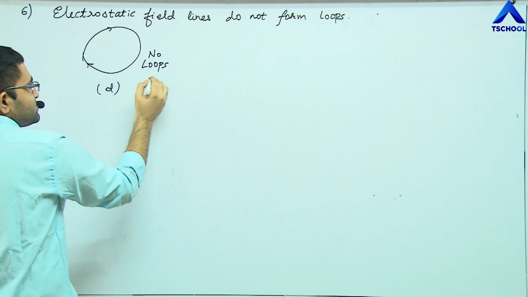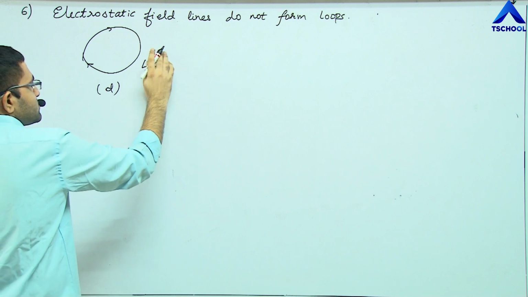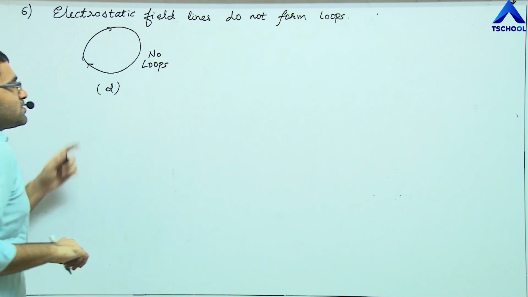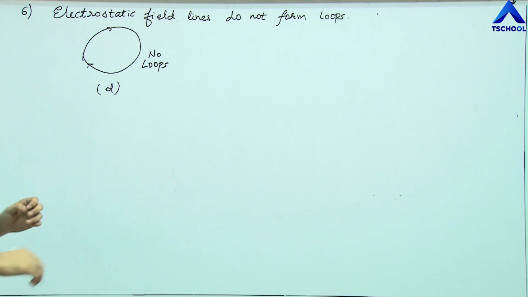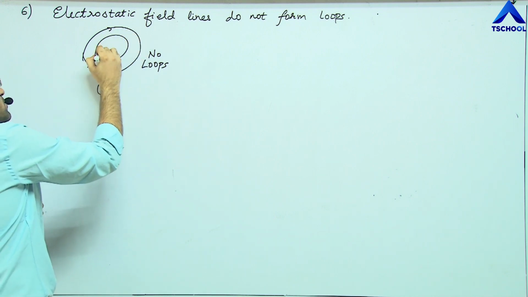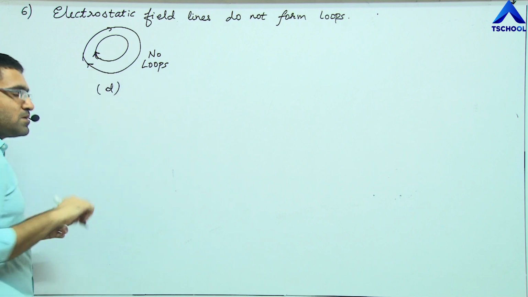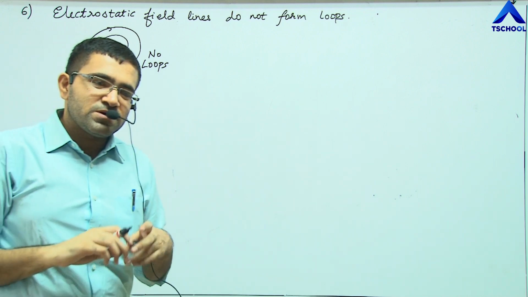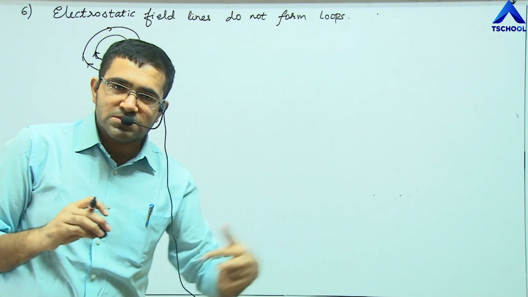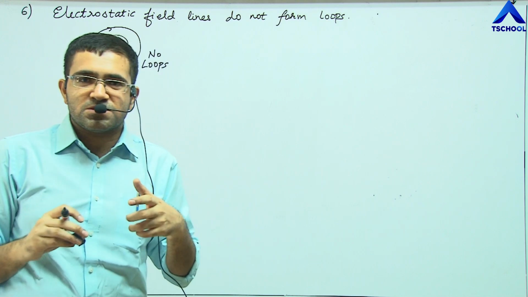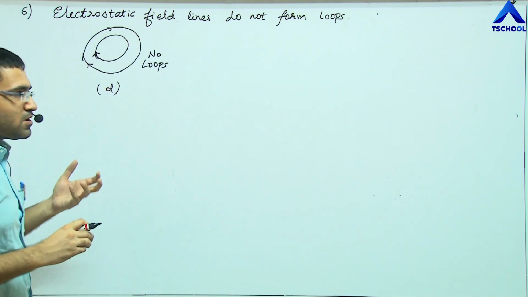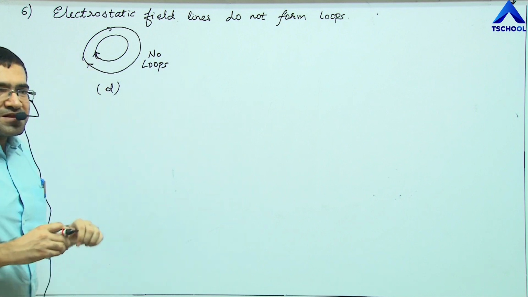So this is something which electrostatic field lines cannot do, right? Remember, any kind of a closed curve that comes back to itself is a loop. That is not allowed for electrostatic field lines.